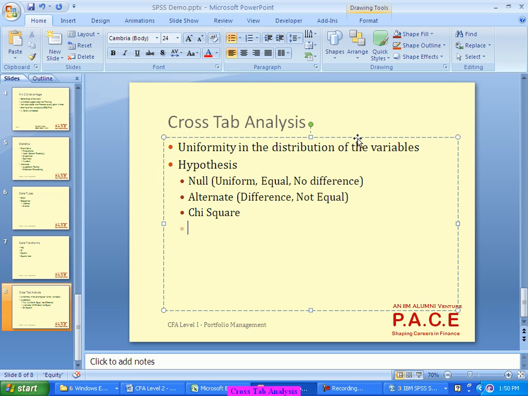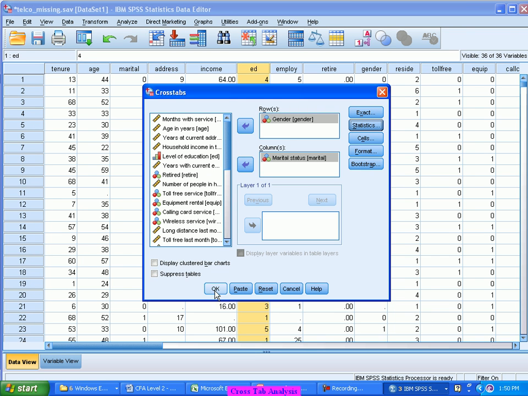Only one of the two conclusions is possible. This is the conclusion world. There will be only one of the two conclusions at any point in time. Either I go with the null, saying no difference, or I go with the alternate, saying there is a difference. So that is being evaluated through a chi-square test. Now when I bring in that chi-square test, you say okay here.